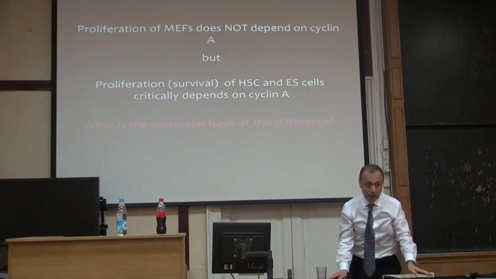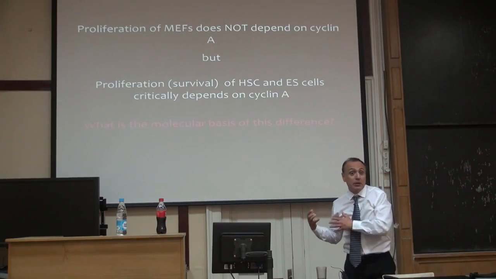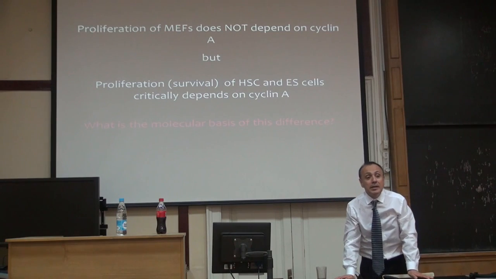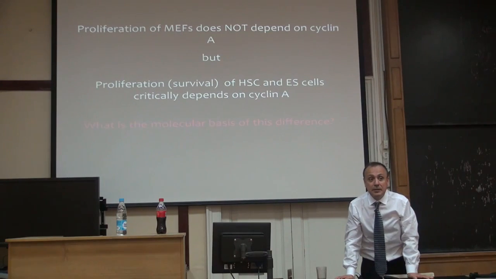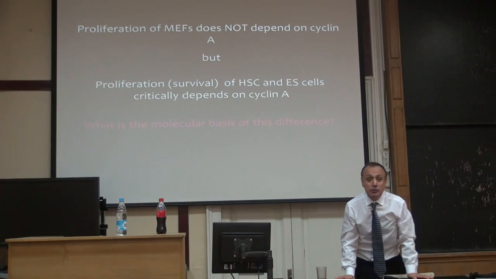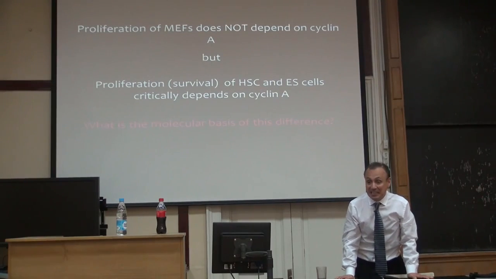But this is not correct, because now there's a paper that came out in Nature, I think two weeks ago, from the Wenyi Wei lab, although our names are on this because we actually collaborated with them. They have found that in several compartments, cyclin A plays a role in survival of cells, not in proliferation, by phosphorylating the AKT kinase.